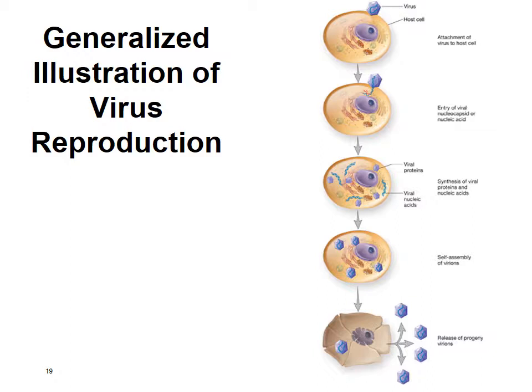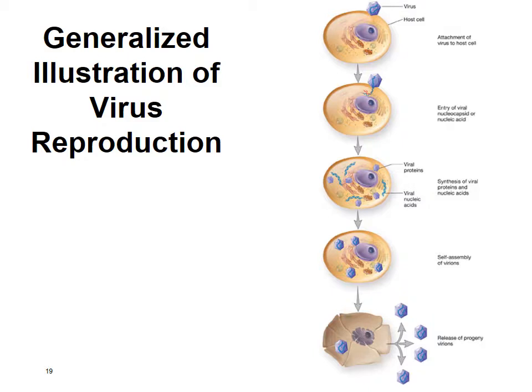Because a virus needs a host cell in which to reproduce, the first step in the life cycle of a virus is attachment to a host cell. This is followed in the second step by entry of either the nucleocapsid or just the viral nucleic acid into the host cell.